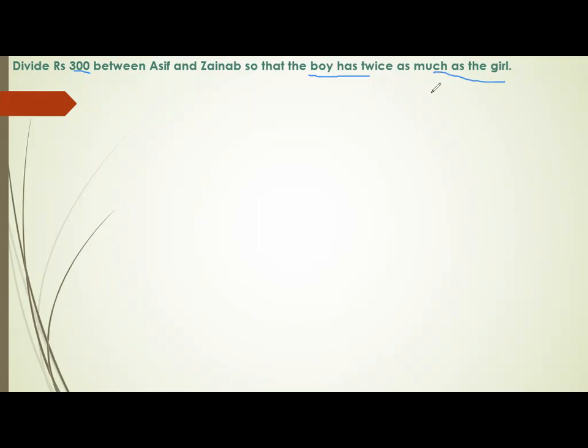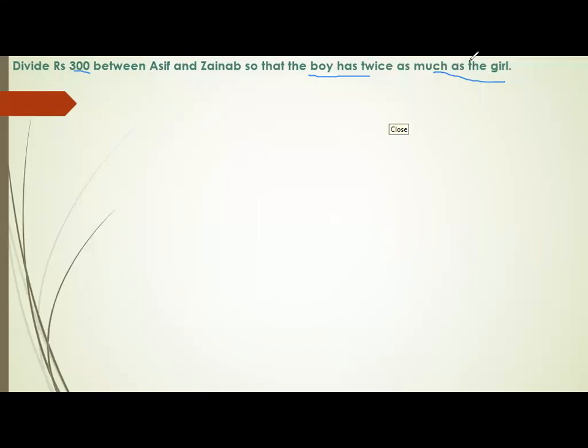What is the meaning of twice? For example, if I am having 3 packets of chips, and I said that Asif gets twice as much as Zainab, how much does Asif get? Very good, students. Asif gets 2 packs.